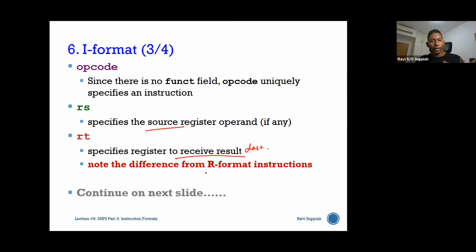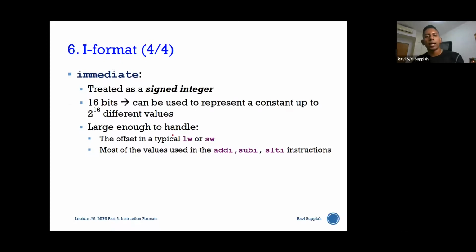All right, so for I-type instructions, you have RS, RT, an opcode and the 16-bit immediate value. Now, this 16-bit immediate value that is specified is represented as a signed integer. So when you say signed, it means what?